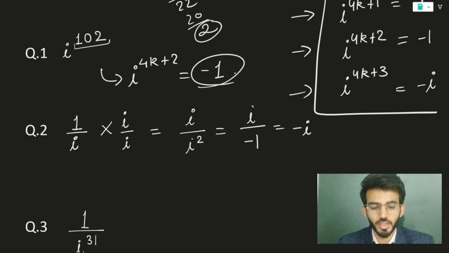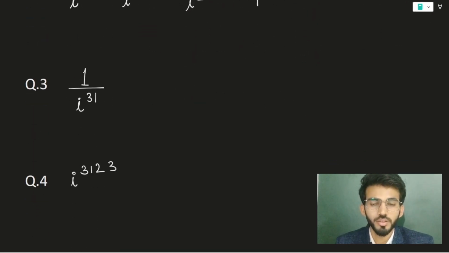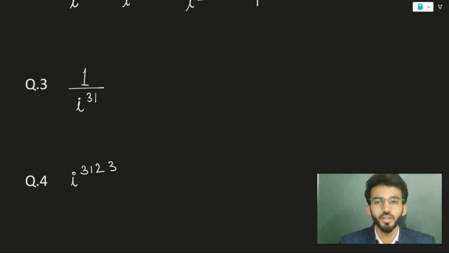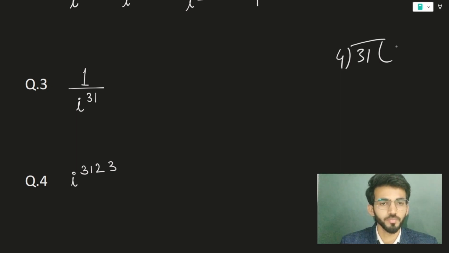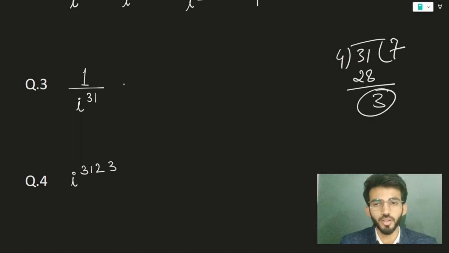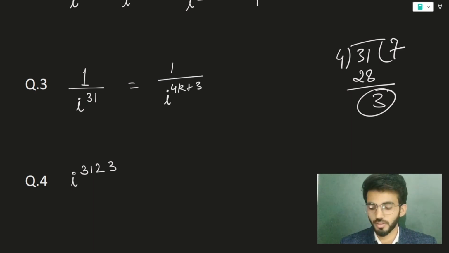Okay. Now next question. What if the iota with its power is in the denominator? How can we solve it? First of all, you have to do the same thing as I have told you: divide the power by 4. 4 5s are 20, hence 3 is the remainder. So we can represent i to the power 31 in the form of i to the power 4k plus 3, right?